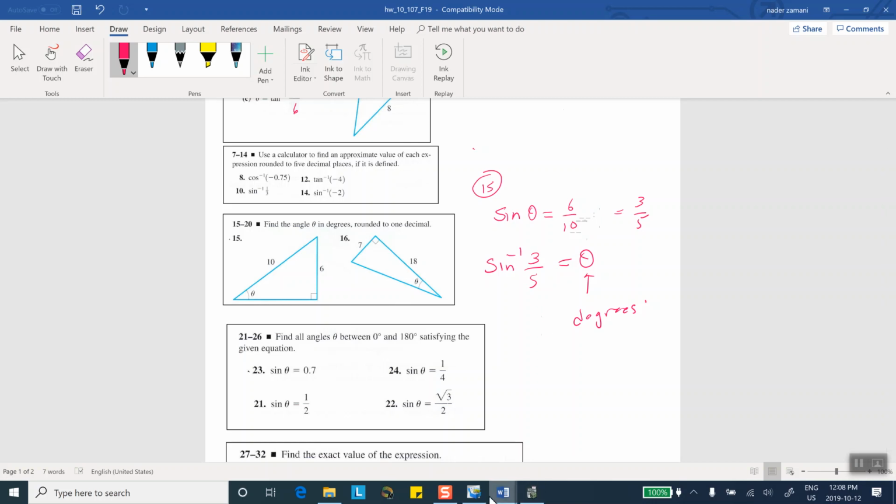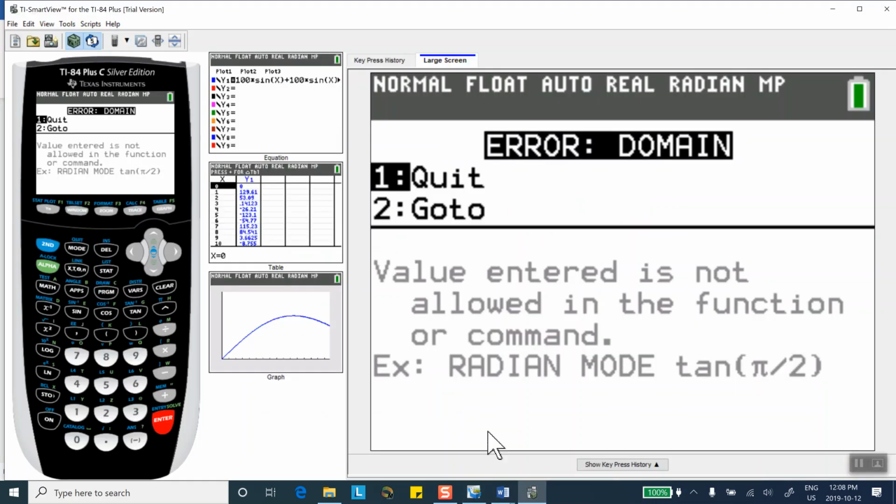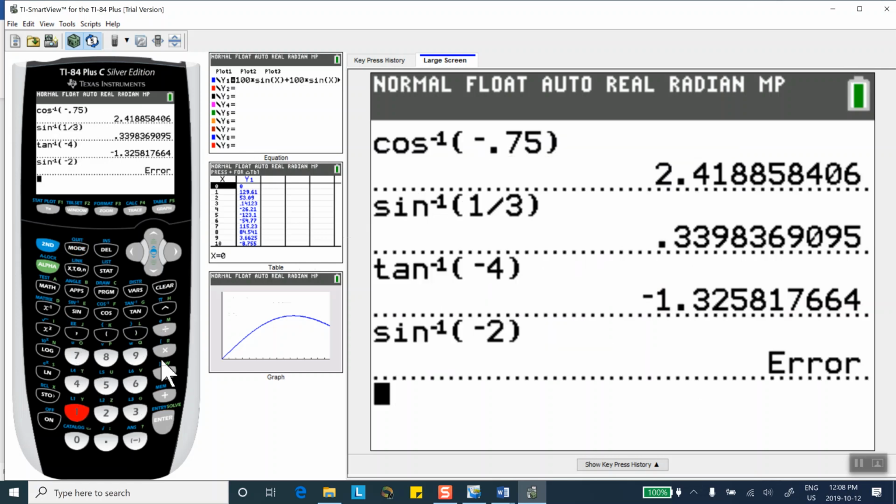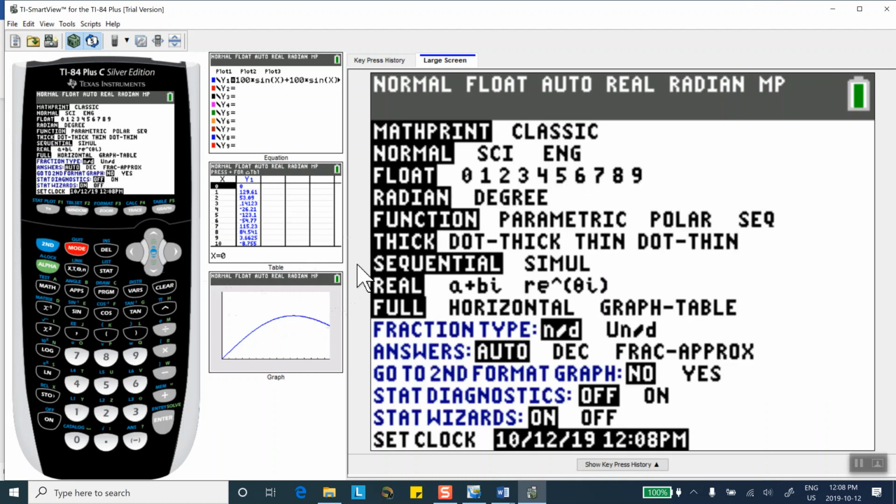What we should do is, let's go back here, check our mode. How do we get rid of this thing? 2, I suppose I say 2 to get rid of that. Quit 1. Okay, good. So let's go ahead to our mode and change the angle mode to degrees.